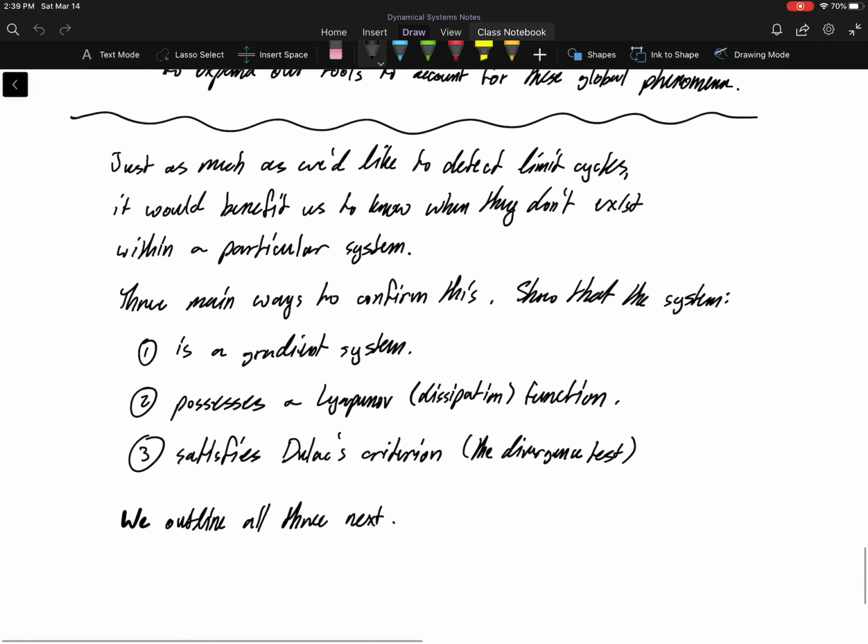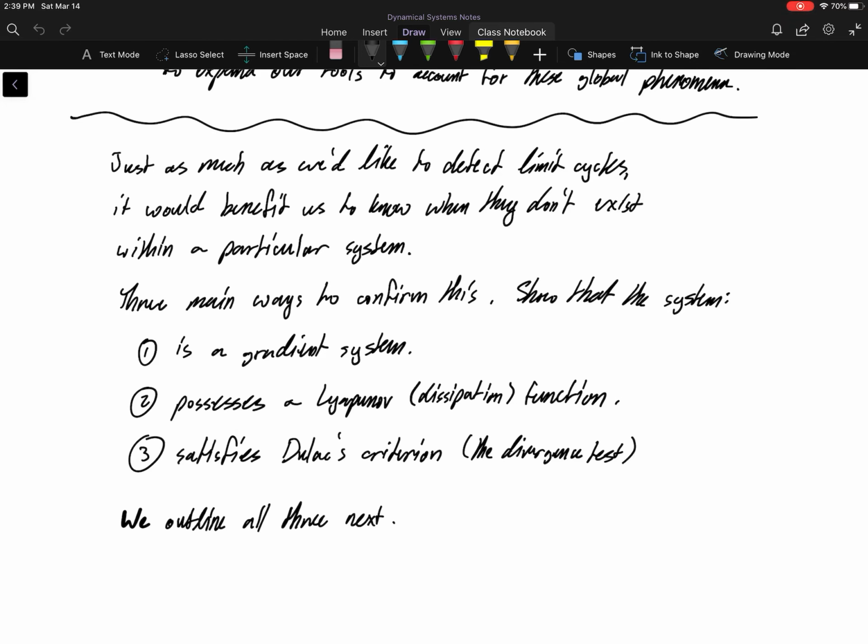Now, just as much as we want to figure out when limit cycles exist in our systems, it would also behoove us to know when they don't exist. So there are three primary tools that we use to confirm that these limit cycles don't exist, and that would be the focus of 7.2. We'll talk about the three different ways that we can detect or rule out limit cycles.